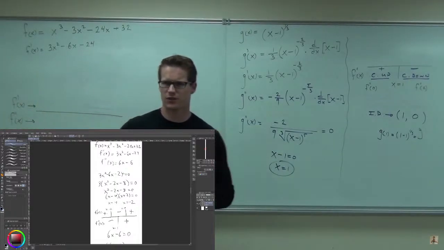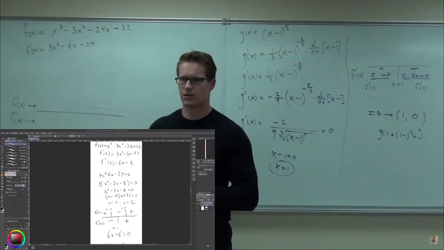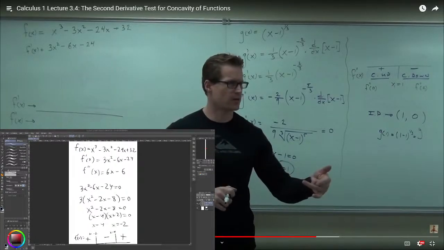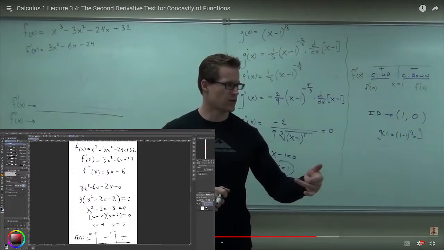Did you get that for your first derivative? Hopefully. Okay. Did you solve it all the way down? 3x squared minus 6x minus 24. Were you able to factor it, I hope?